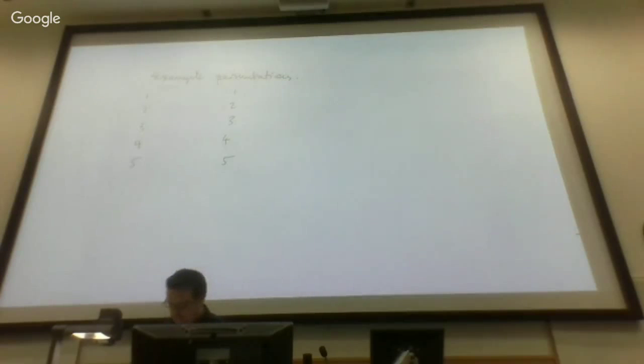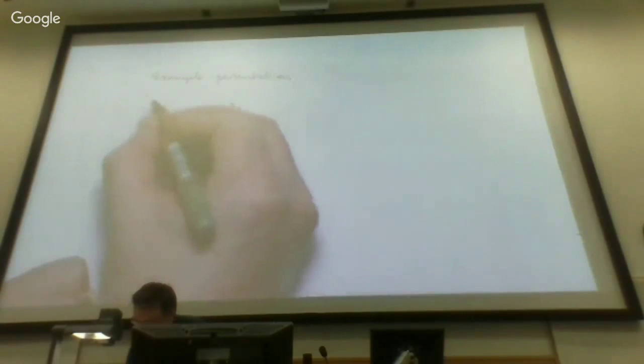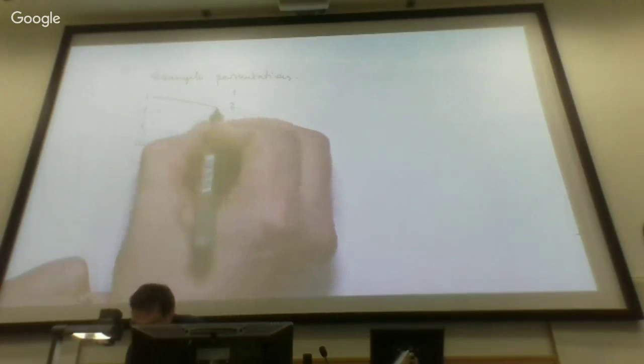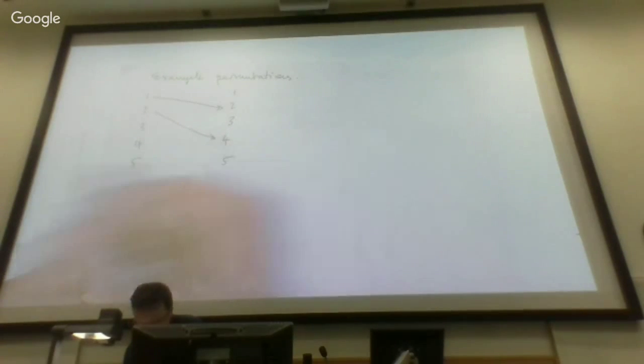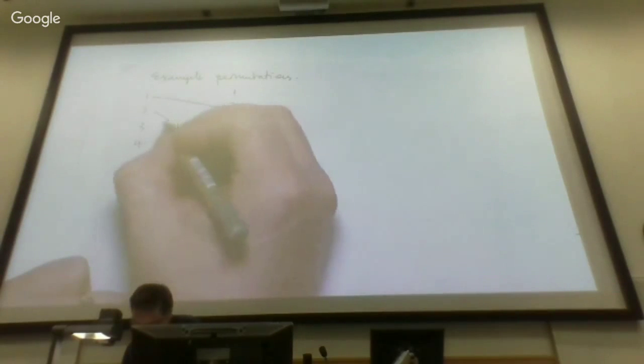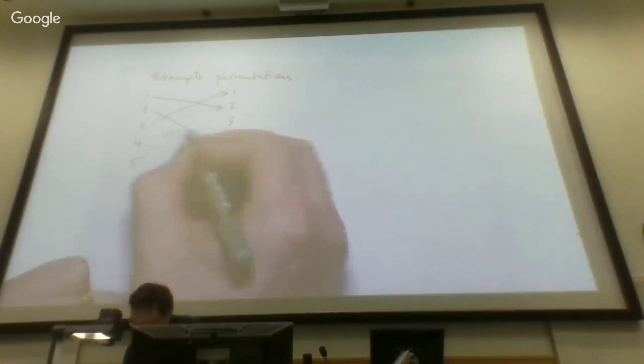Bijective means that it's injective, so 2 to 4, and surjective. There's the same number of elements in the domain and codomain.